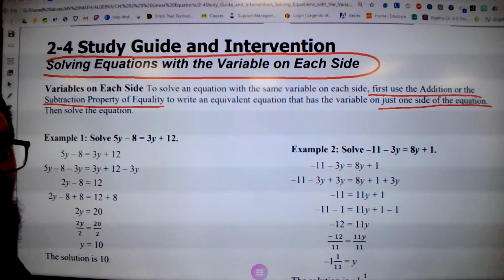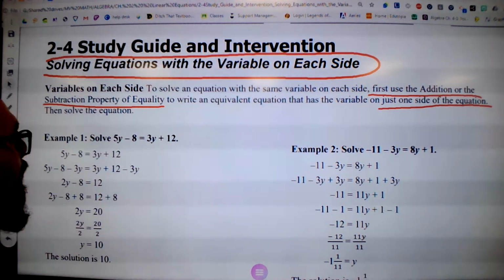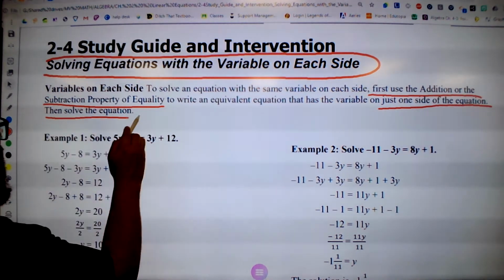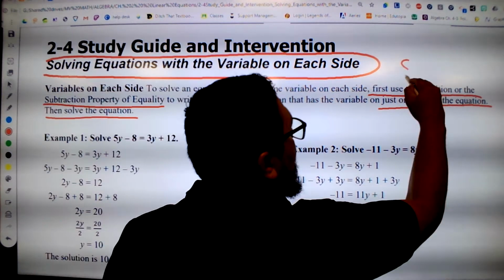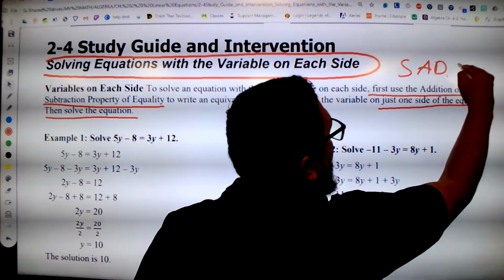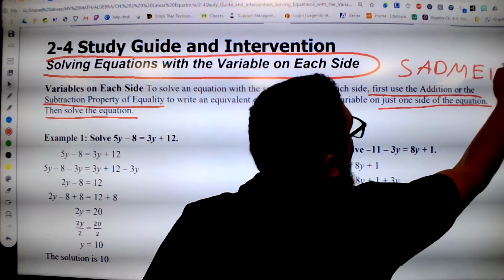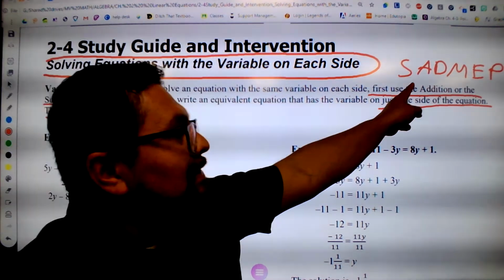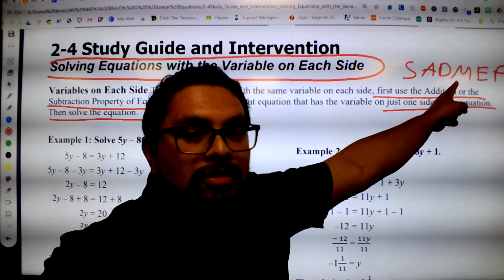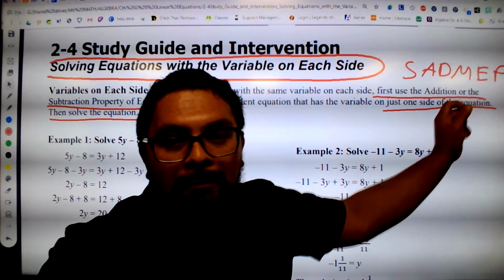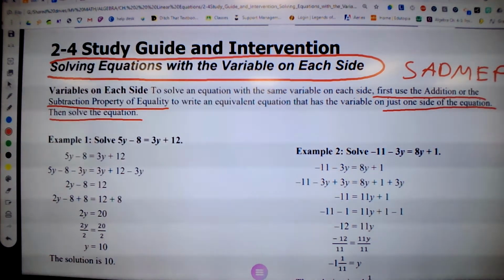And then after you do that, solve the equation. So you are still using TioSadMap. SA stands for subtraction or addition, D is division or multiplication, and then exponents, and then parentheses.